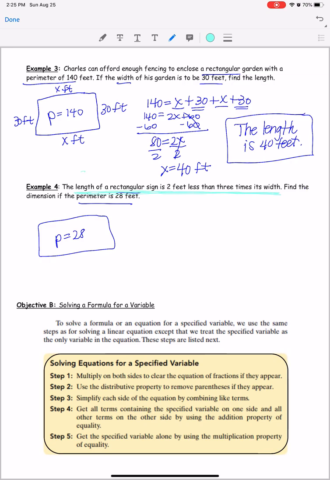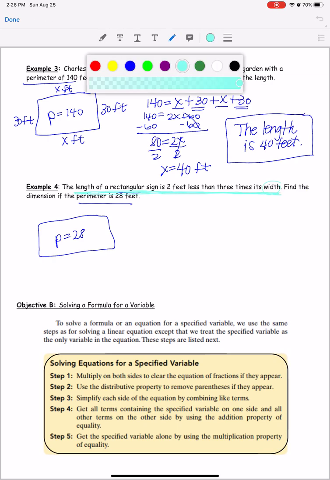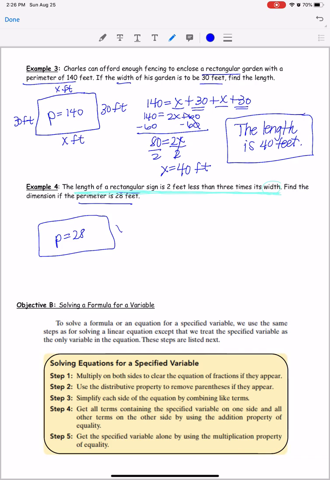The length or the width? I have no information about my width. So because we don't know anything about our width, that makes our width our starting point. That is my x. So this is x feet. This one here is x feet.